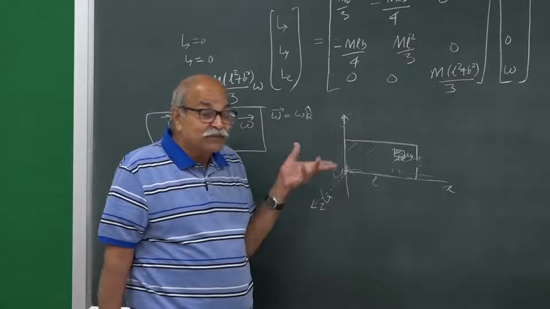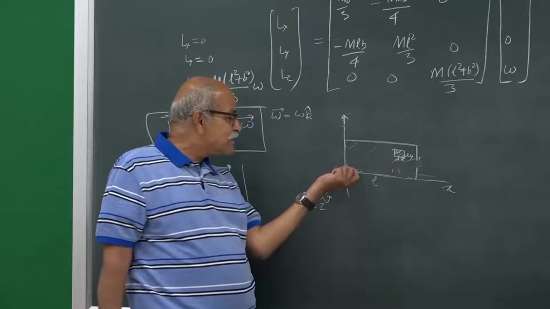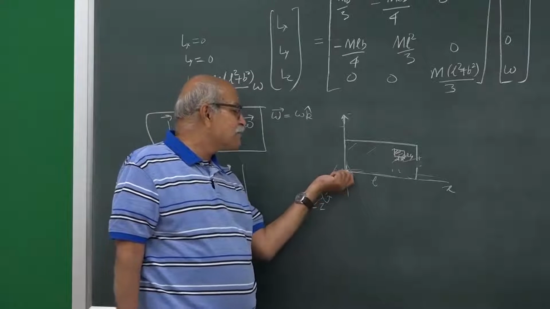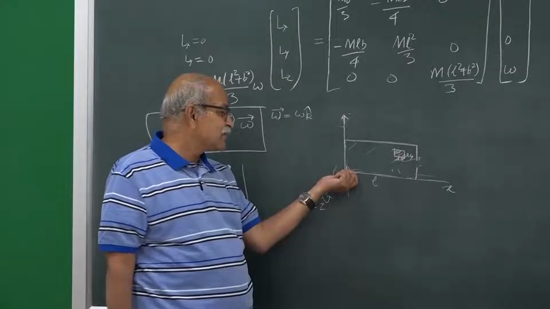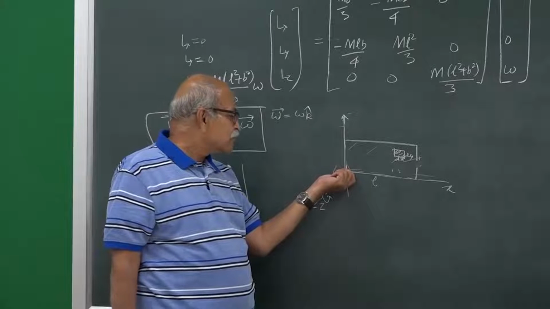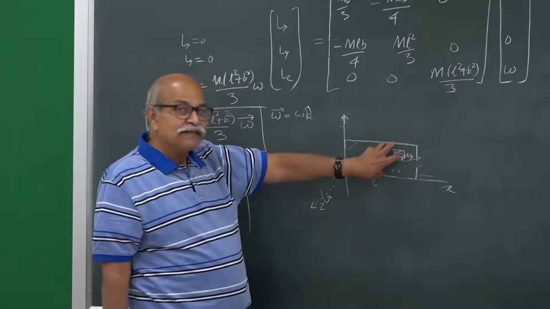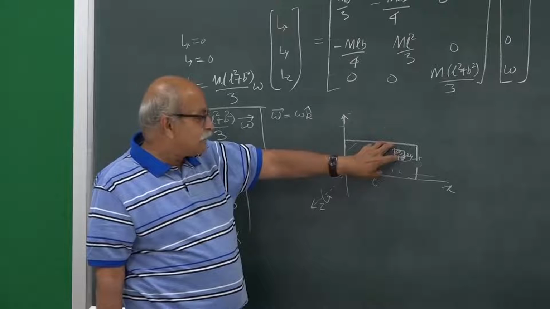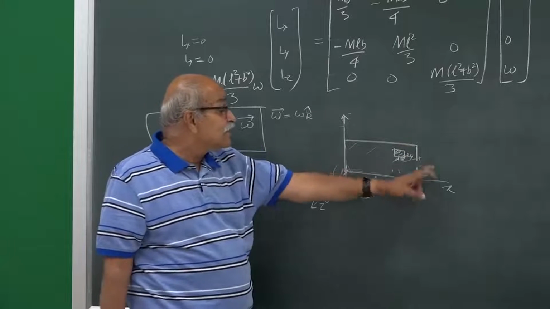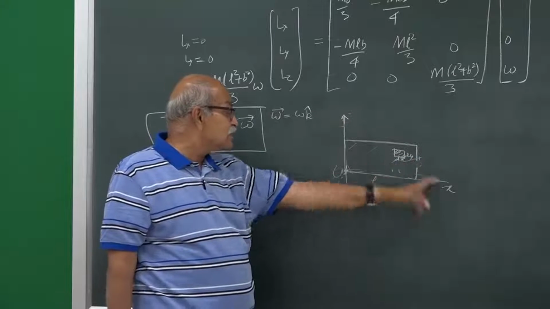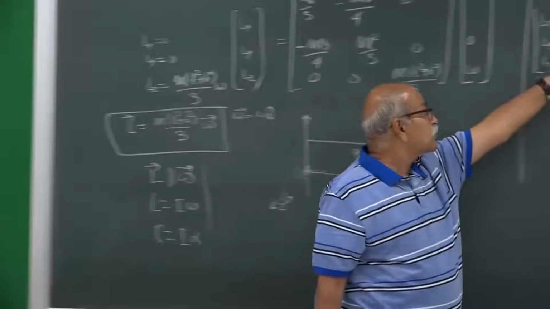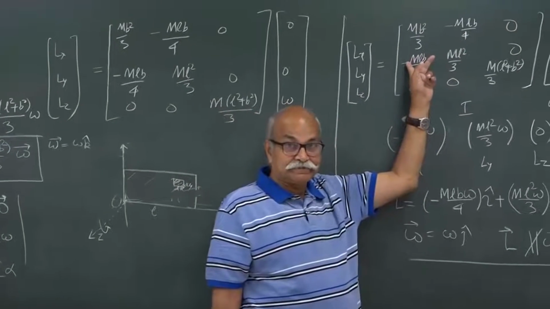So, where are the other 2? Z axis is a principal axis direction, it is a principal axis for this plate. Where are the other 2? They have to be in this x y plane, but these are not, because if I use these x y z, I do have these product of inertia terms.